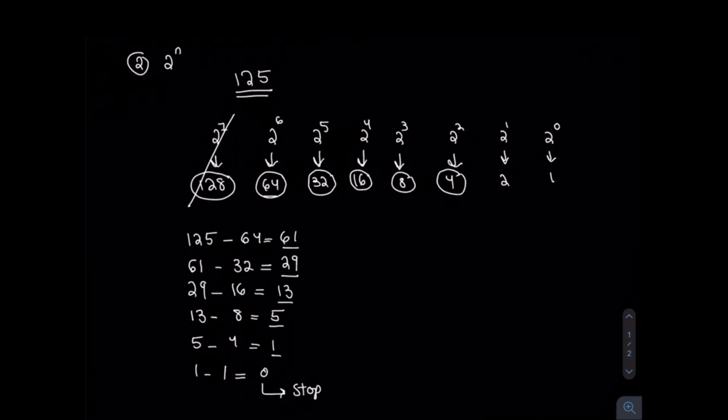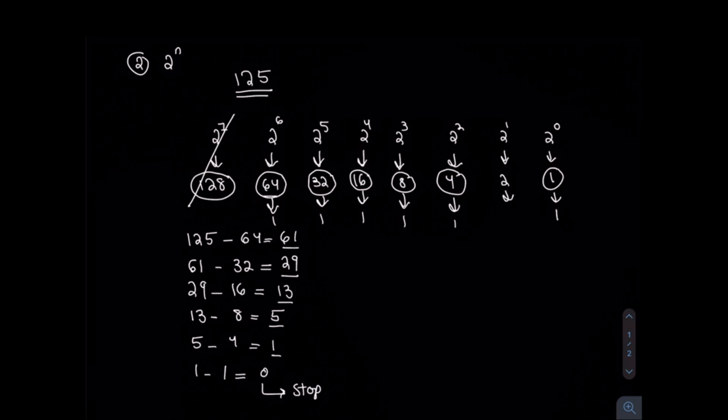Next step is we will write the number 1 underneath each number that we chose. So 1 here, we will write 1 beneath it. Here 1, here 1, here 1, here 1, and here 1. And the number that we didn't choose, we will write 0 underneath it.